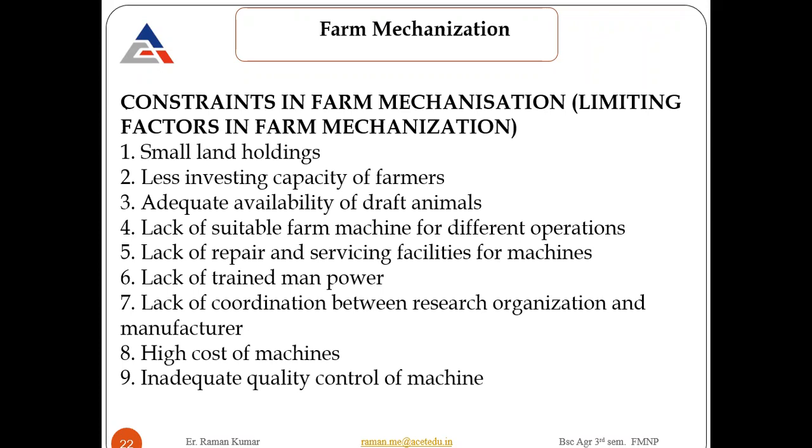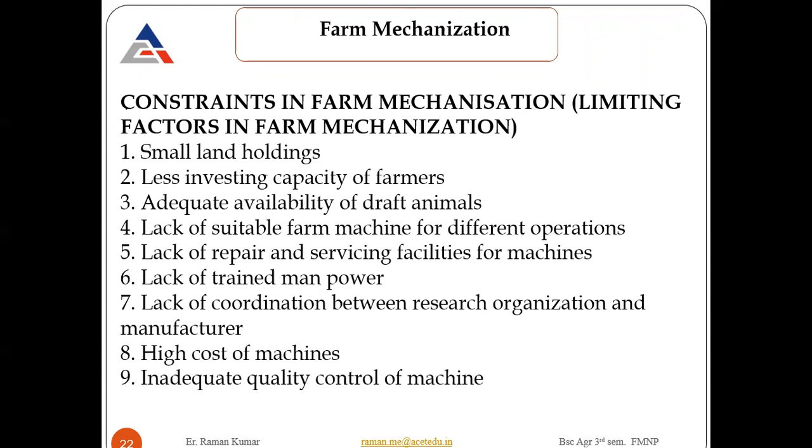So this is also a constraint in farm mechanization. Lack of coordination between research organizations and manufacturers. Okay, new research is not there, so the yield of your crop is not increased. Why? Because there is a lack of coordination between modern research and manufacturers.